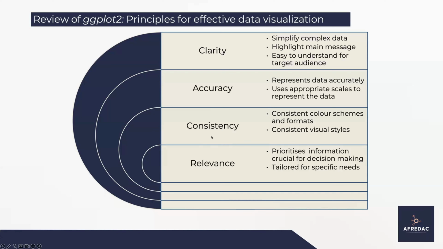Then consistency. Color schemes and formats, just have consistent formats in your visualization, and visual styles, okay? I've seen this come into play when people are naming things like axis labels and titles.